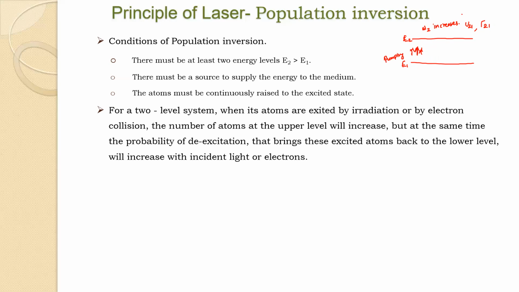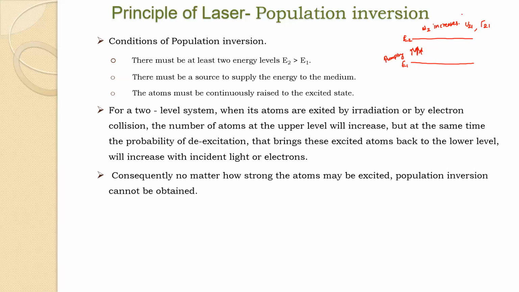So in a two-level system, the achievement of population inversion is very difficult. So it cannot be achieved. So for obtaining population inversion, a system must have at least 3 energy levels.